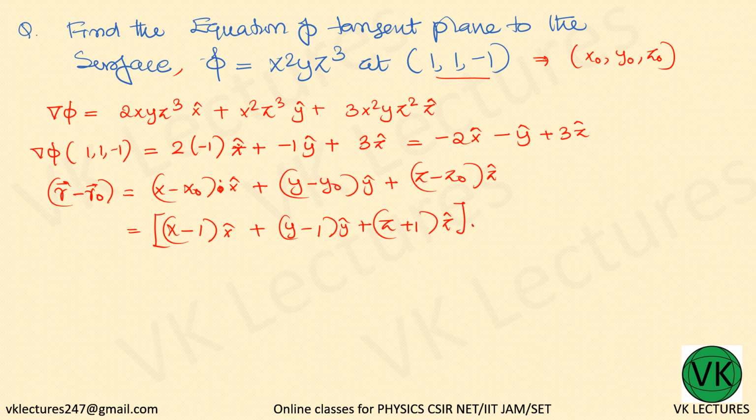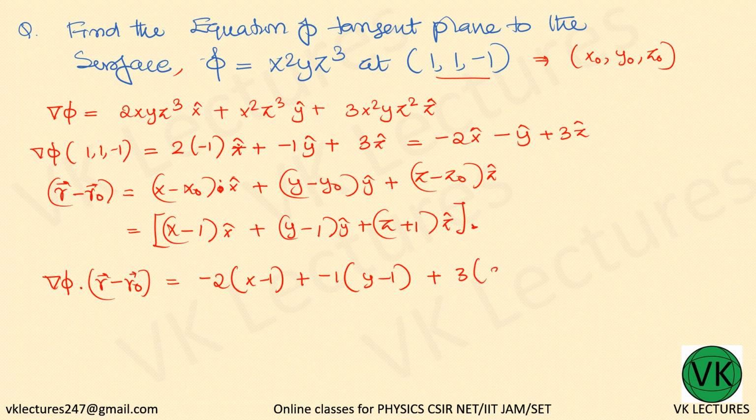So del phi dot r minus r naught is equal to minus 2 into x minus 1 plus minus 1 into y minus 1 plus 3 into z plus 1, equal to 0.